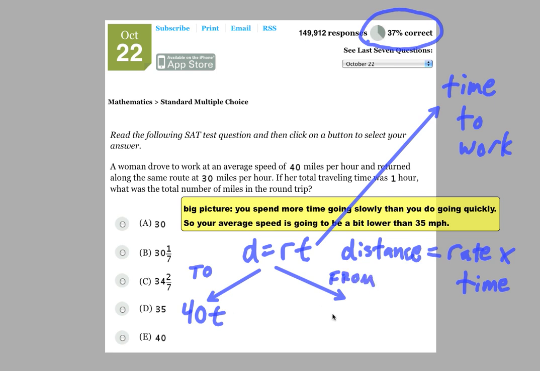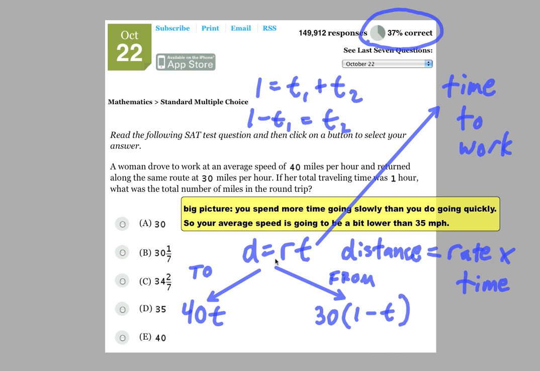So to work is 40t, from work is 30 times, well, it's not times t because t is the time to work, but if t is the time to work and the total time is 1 hour, right? So in other words, 1 is equal to time 1 plus time 2, right? Well, if that's the case, then 1 minus time 1 equals time 2. So for that reason, instead of just writing 30t, we'd have to solve for it in terms of the other t. So it'd be 30 times 1 minus t, right?